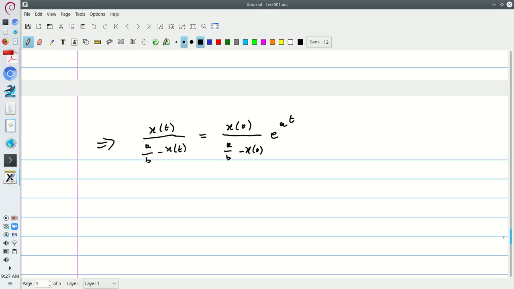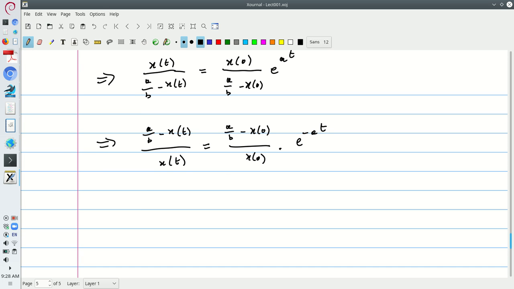And this is totally okay. The only thing I want is to solve with respect to x of t, so we can do a smart thing. Let's flip this fraction here. So we write that a divided by b minus xt divided by xt needs to be equal to the inverse of this fraction as well: a divided by b minus x0 divided by x0 times the inverse of exponential of at, which is exponential of minus at.